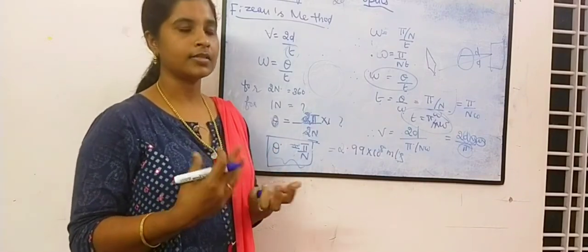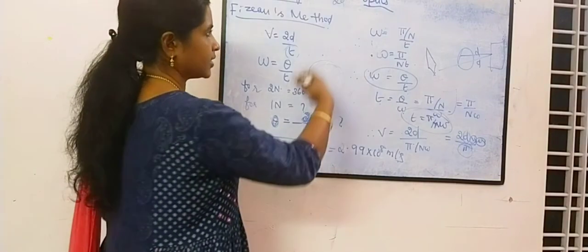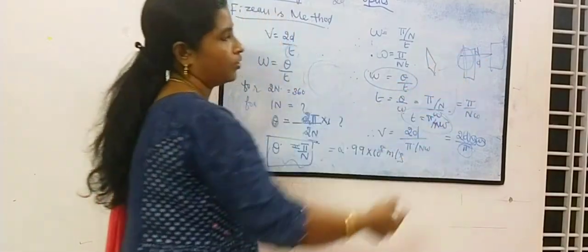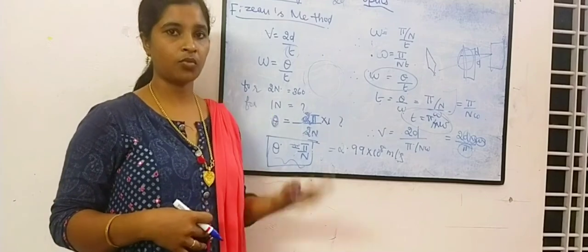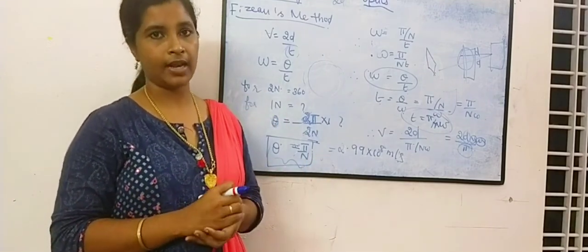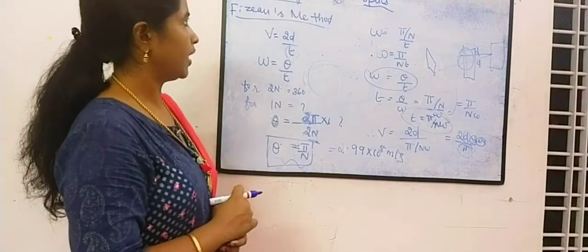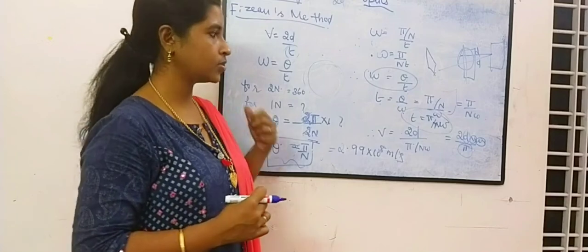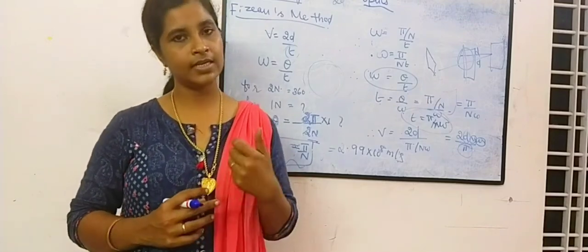Later many scientists placed some other object, glass or water, instead of the rotating wheel, and found out the velocity of light. Hope you understood the Fizeau method of determining the speed of light, and this is one of the important and easiest questions.